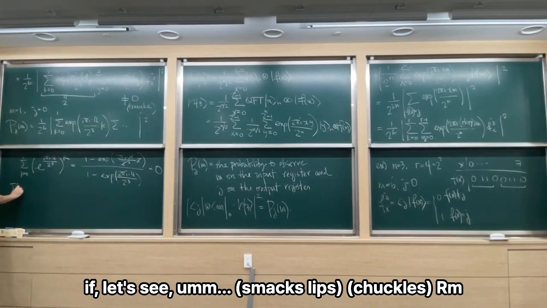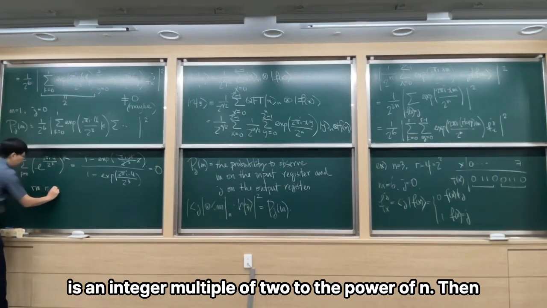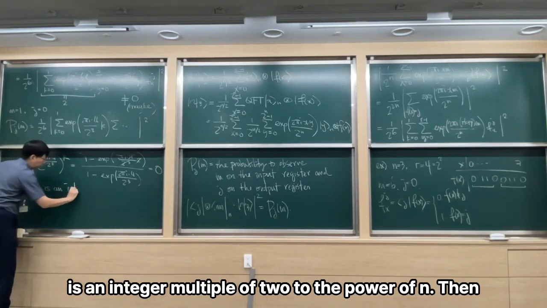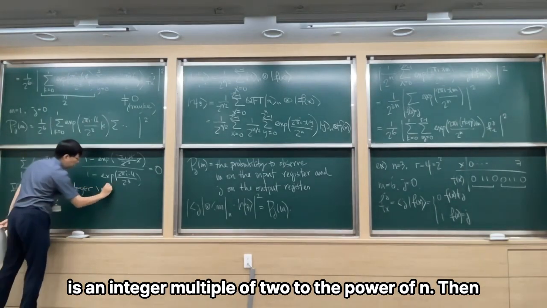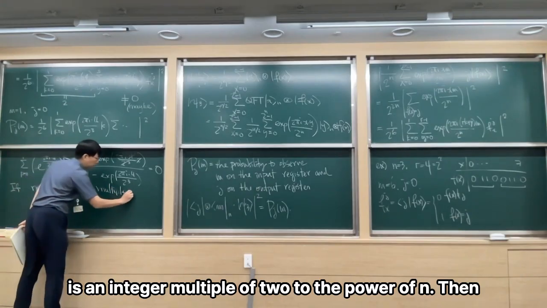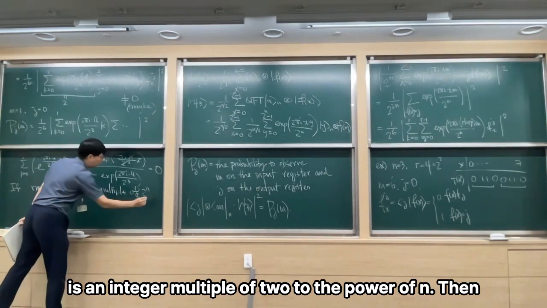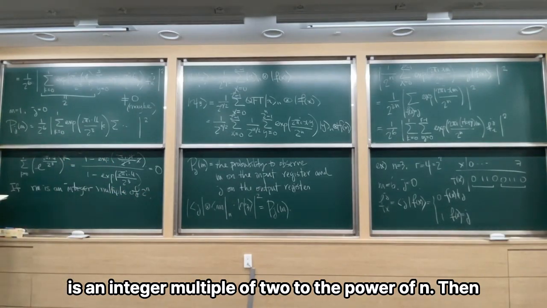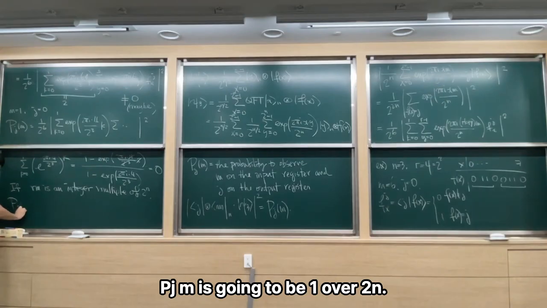So if Rm is an integer multiple of 2 to the power of n, then Pjm is going to be 1 over 2n.